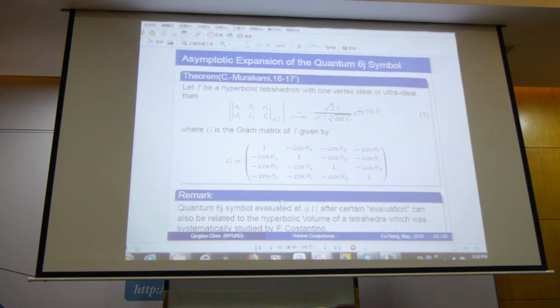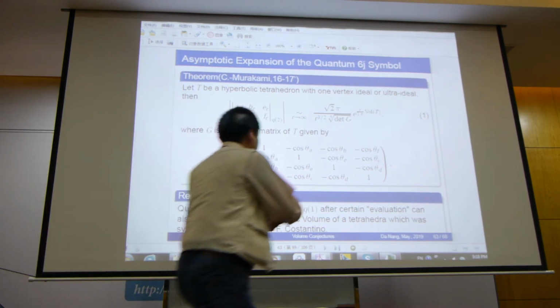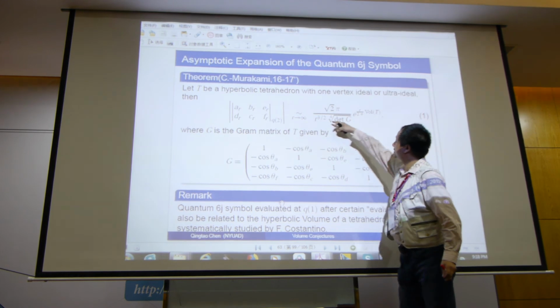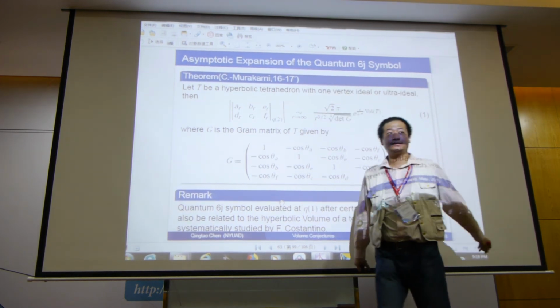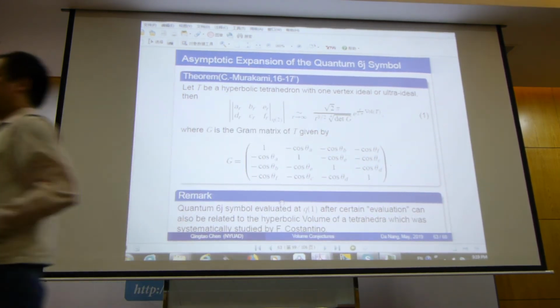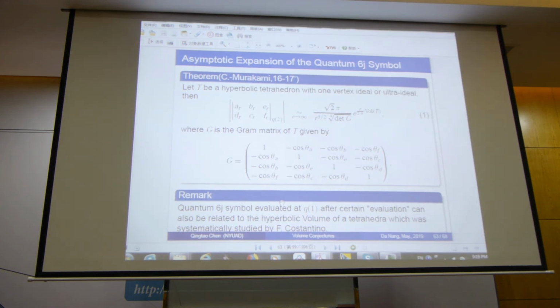We also prove a theorem, with one vertex ideal and ultra ideal. Not only the dominant term, but the second dominant term is related to the Gram matrix. Here is the dominant term, and this term we also prove. This is the secondary term. And then the third term, fourth term.